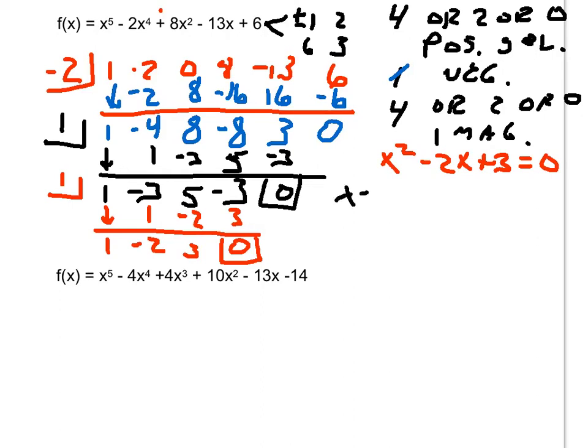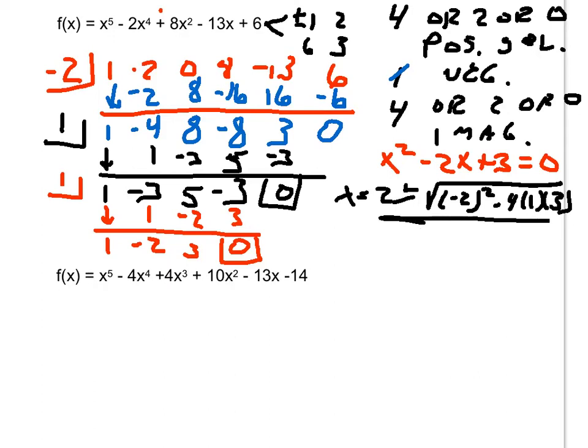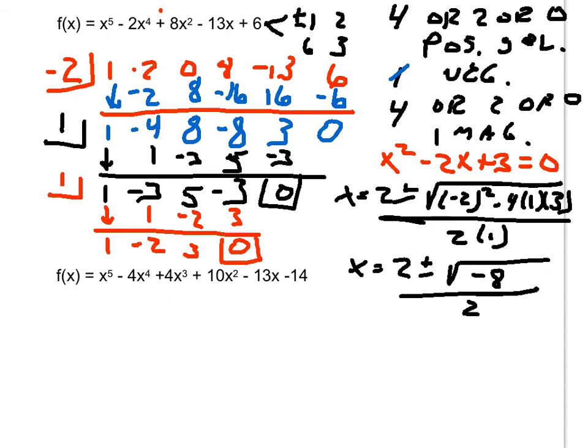So x equals +2 plus or minus the square root of -2 squared minus 4 times 1 times 3 all over 2 times 1. So x equals 2 plus or minus the square root of -8 all over 2. So we know we're taking the square root of a negative, so there's 2 imaginary solutions.